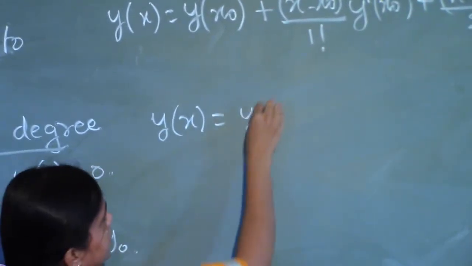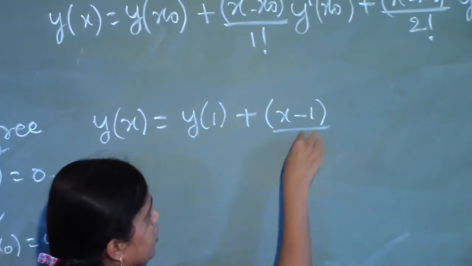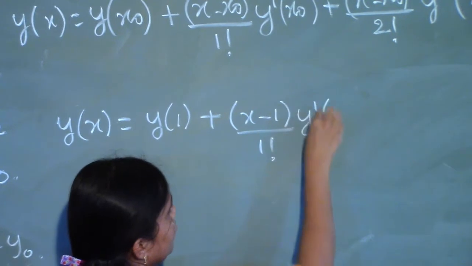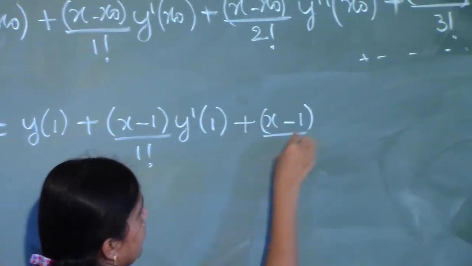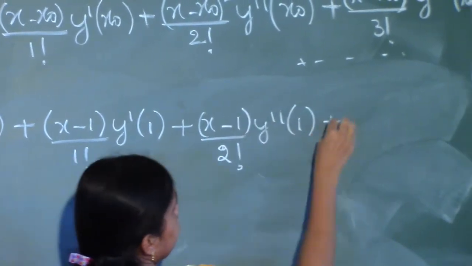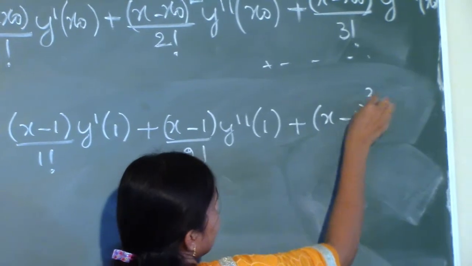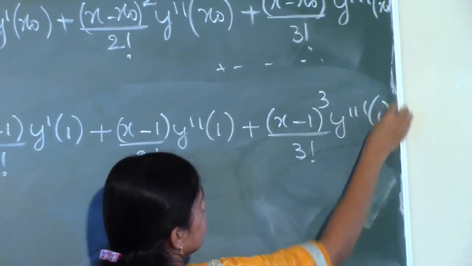Substitute this here. y of 1 plus x minus 1 by 1 factorial into y dash of 1 plus x minus 1 whole square by 2 factorial into y double dash of 1 plus x minus 1 whole cube by 3 factorial into y triple dash of 1.